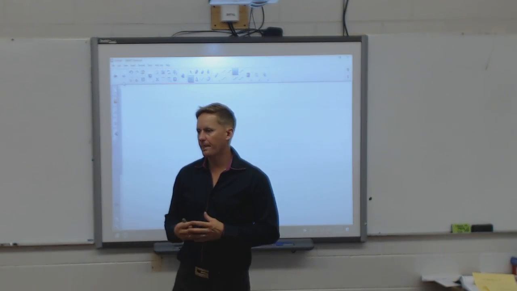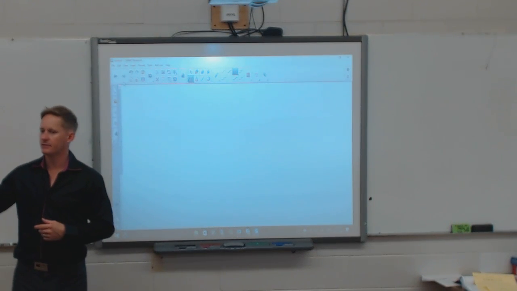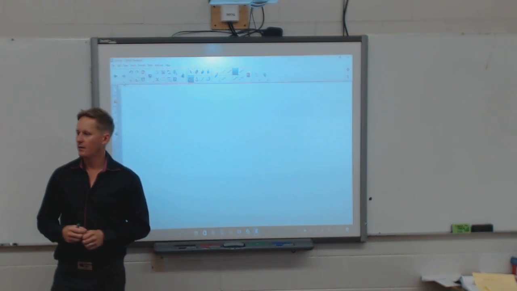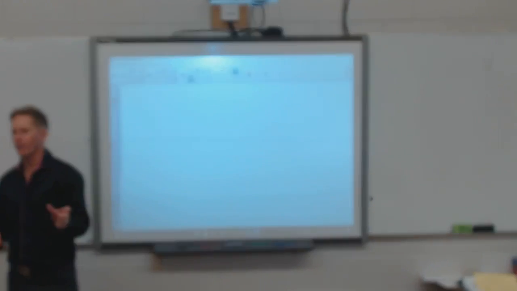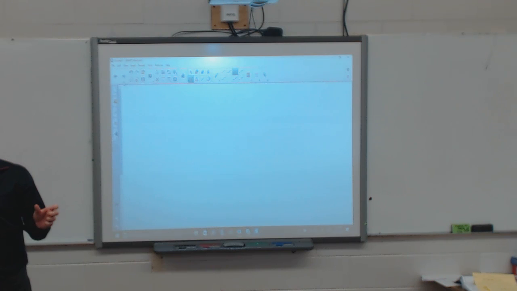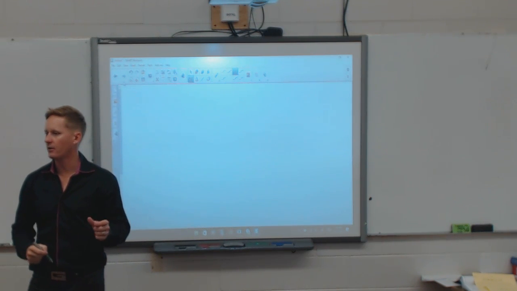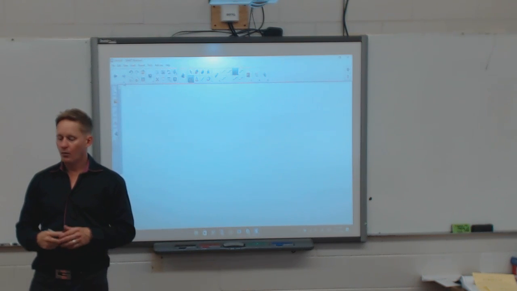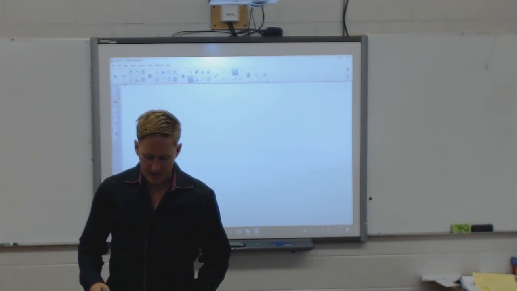Well, what we tend to forget is that we are comparing the lengths of sides of triangles. When we find the sine of an angle, we're finding the ratio of the shorter side to the longest side of the triangle. When we do that, we can come up with very specific values.